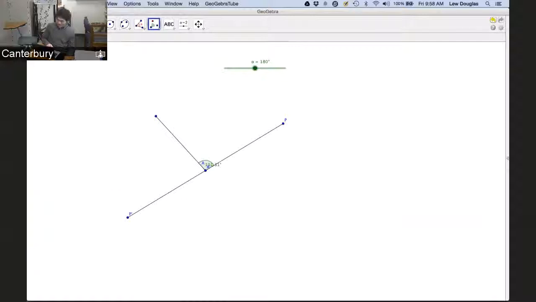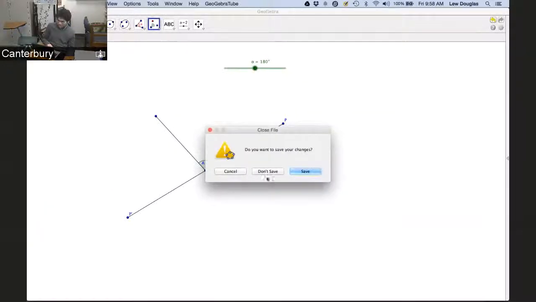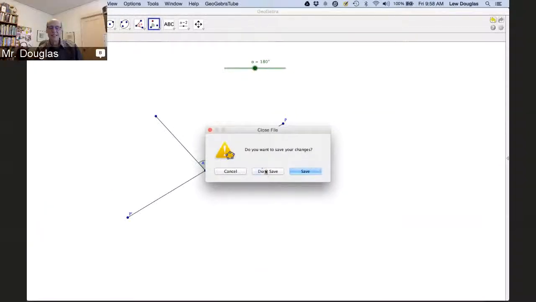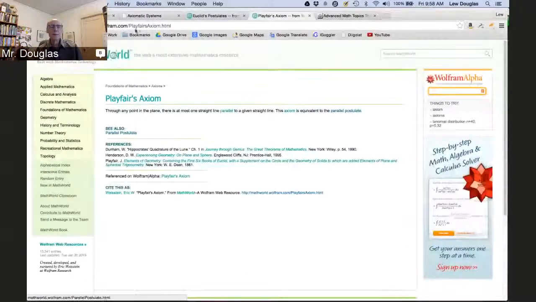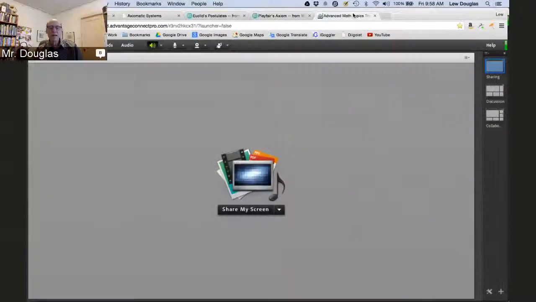Can you share your screen on Adobe Connect? Since I messed up, I'm going to go to. I did it so smoothly yesterday.